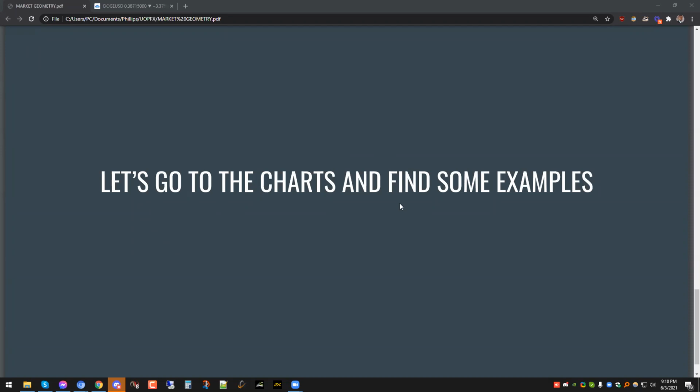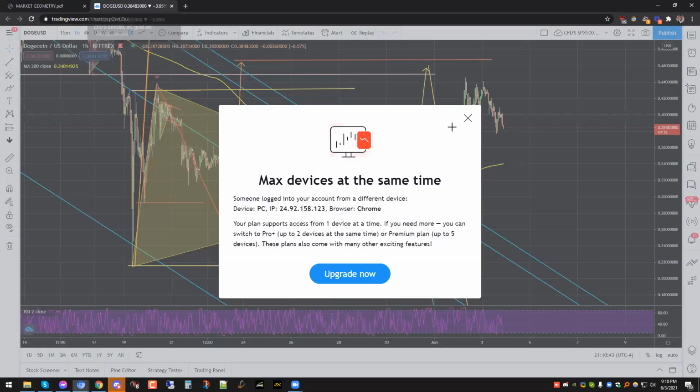In some cases, it may vary a bit. For example, in the triangle pattern, you can't really look at measured moves inside of the triangle correction, but you can use measured moves on the impulsive side, which is the impulse move that came before the triangle. We can use that measurement to project the next impulsive move that comes after the triangle.